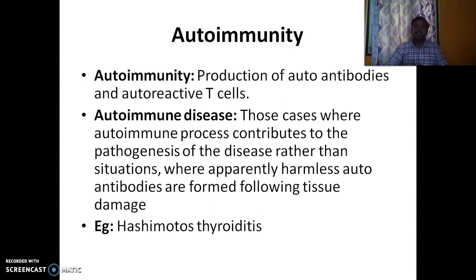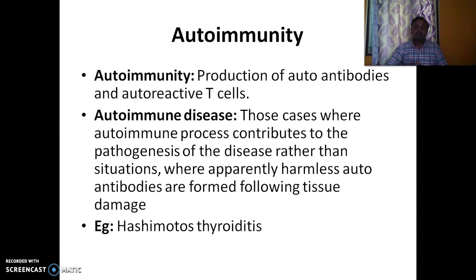When these autoantibodies and autoreactive T cells start attacking our own host cells, this process is called autoimmunity. There are different autoimmune disorders. Those cases where the autoimmune process contributes to the pathogenesis of the disease, rather than situations where apparently harmless autoantibodies are formed following tissue damage, we call autoimmune disease.